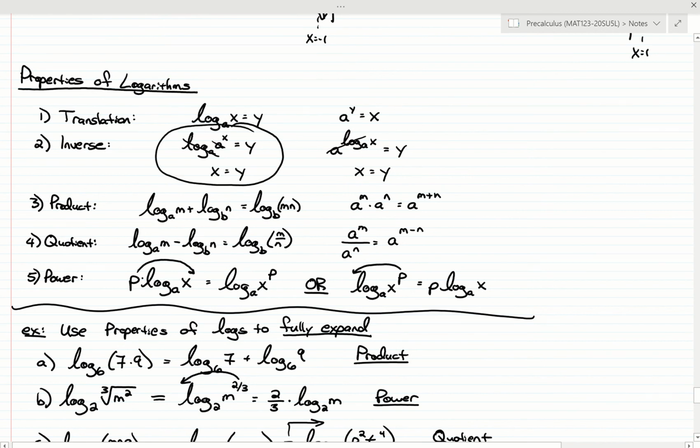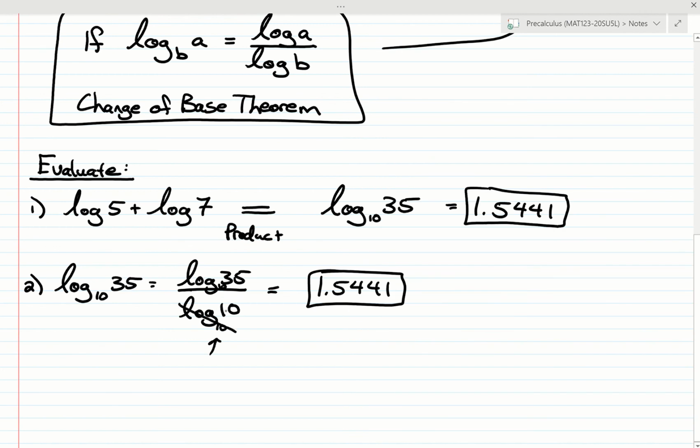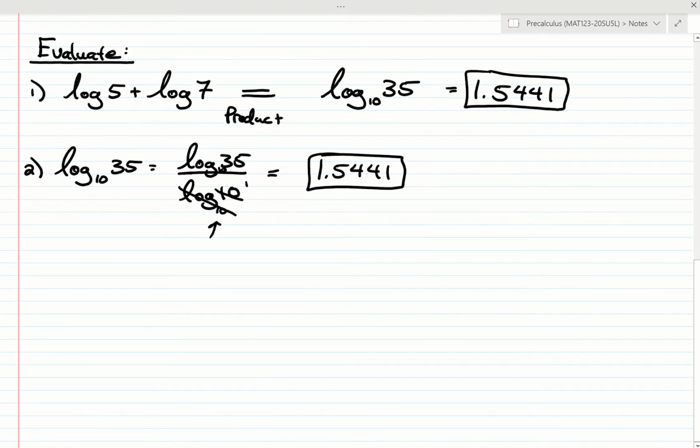We're taking the log base 10 of 10, and you could see that they would just cancel. So that's really what's going on for this problem. Log base 10 of 10 just cancels, and you're just left with 1. So it's log of 35 over 1, which is the same as the problem above it.